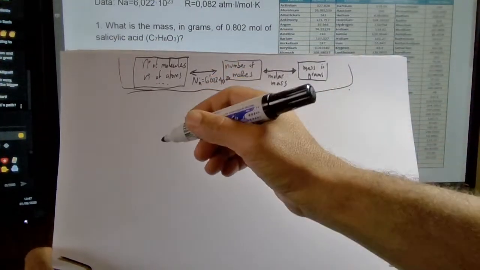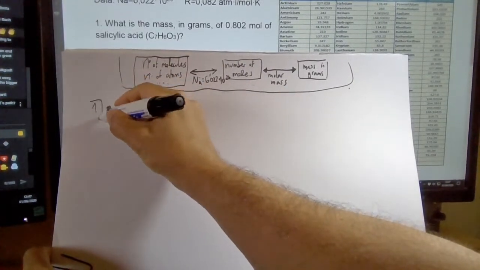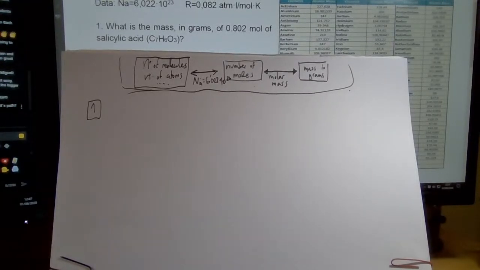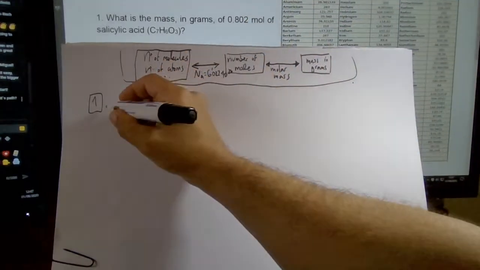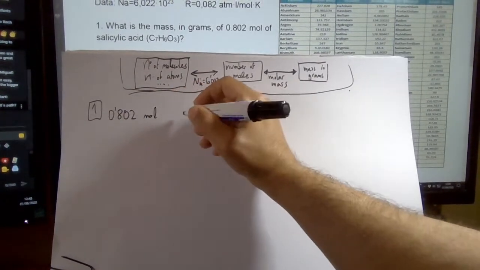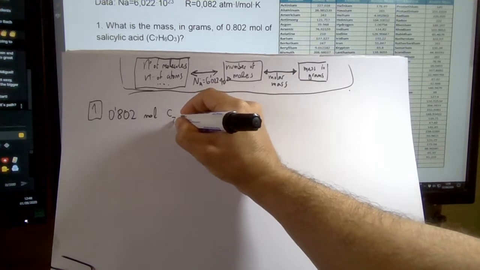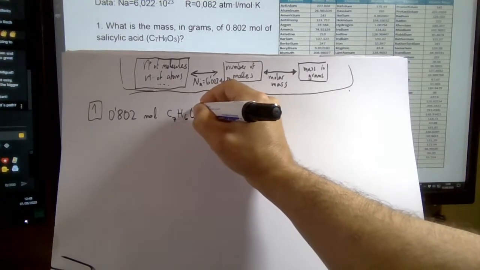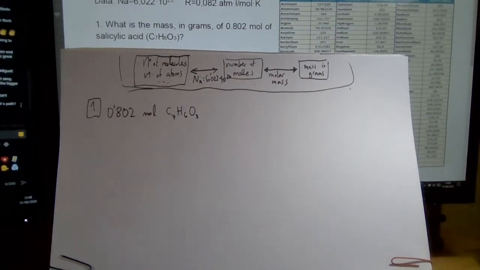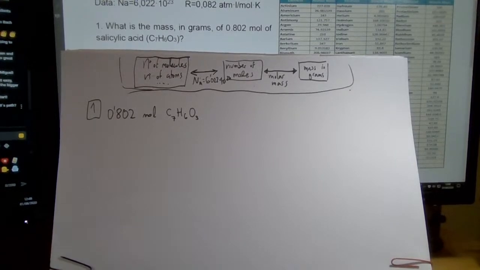Let's go. Okay, first activity, take your calculator. Let's try. What is the mass in grams of 0.802 mole of C7H6O3? It's salicylic acid, a compound used for headache or different diseases.